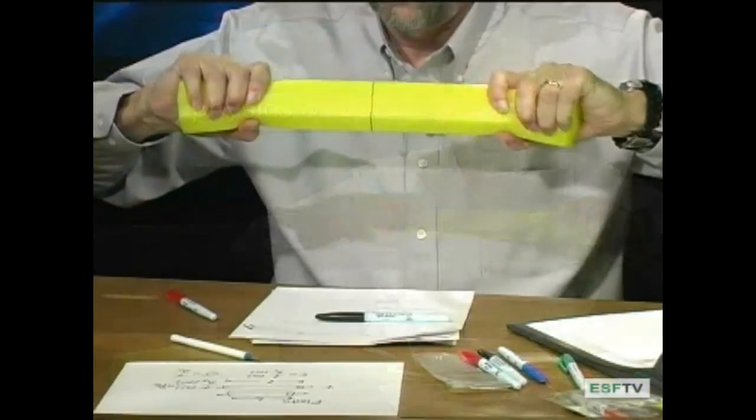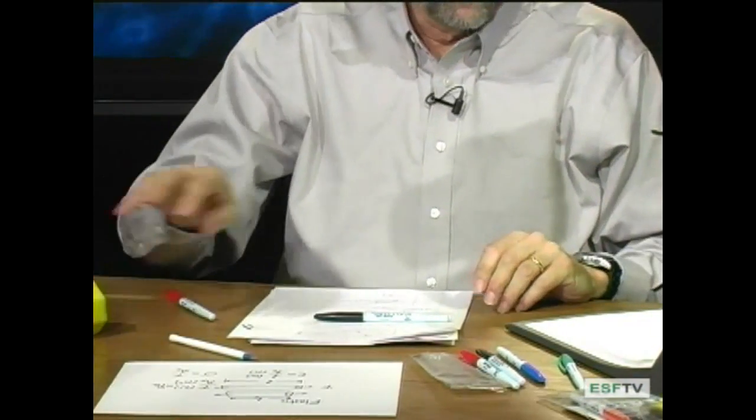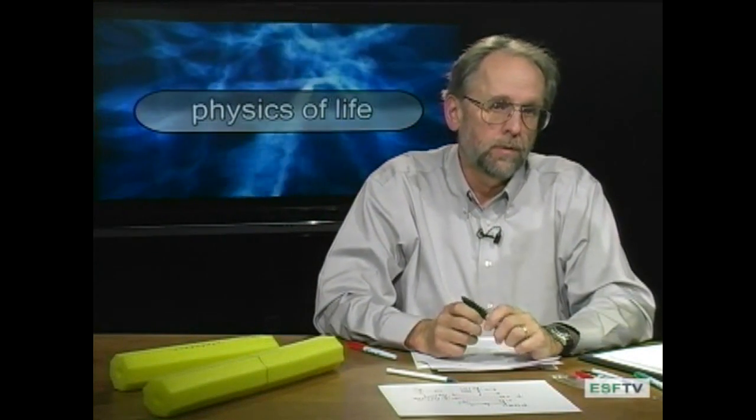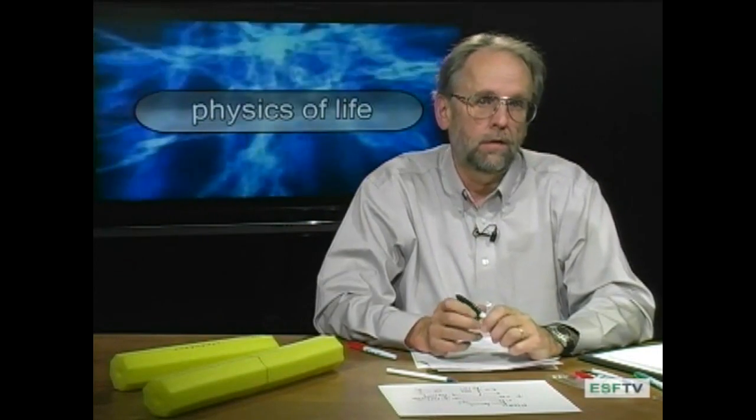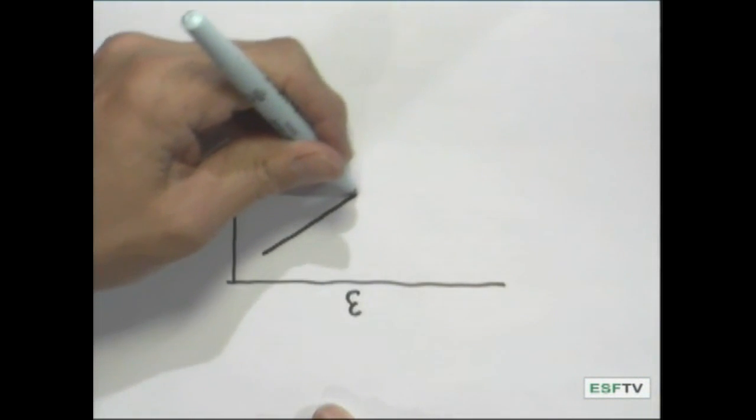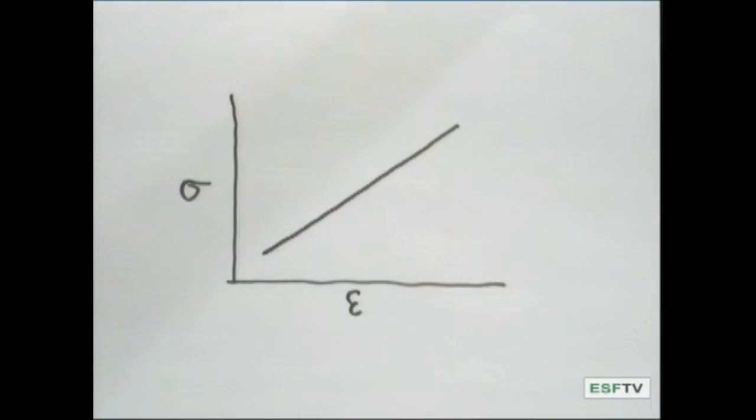If I pull on it a lot, then the deformation will be greater. With most physical materials, and we're talking here about springs and metals and woods and those kinds of things, there's a very nice linear relationship between stress and strain.